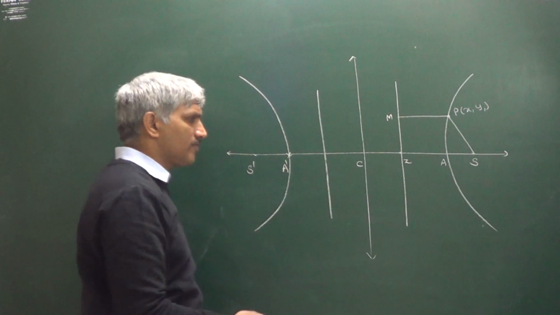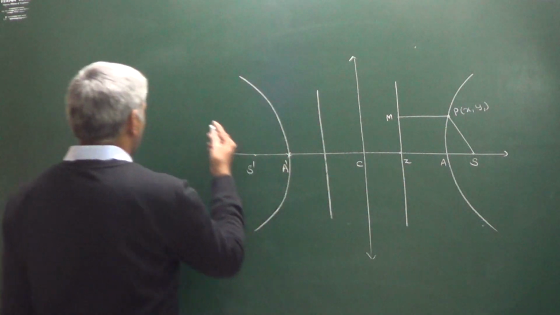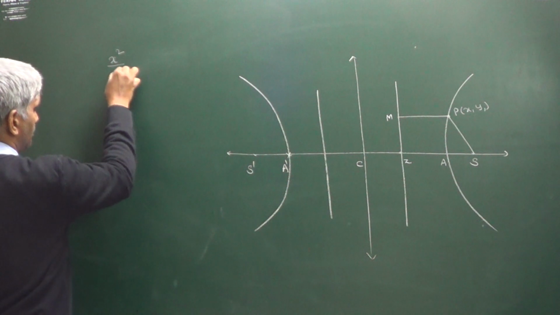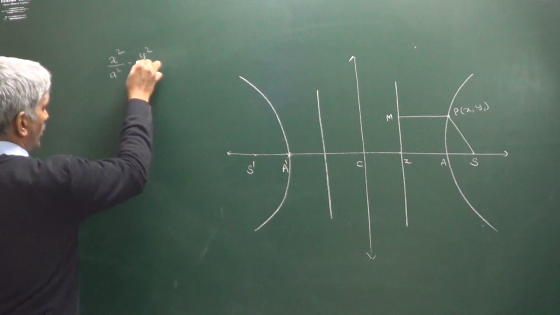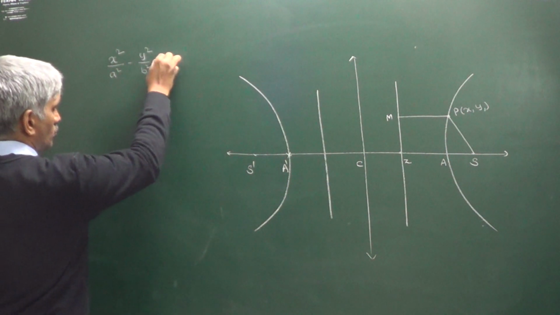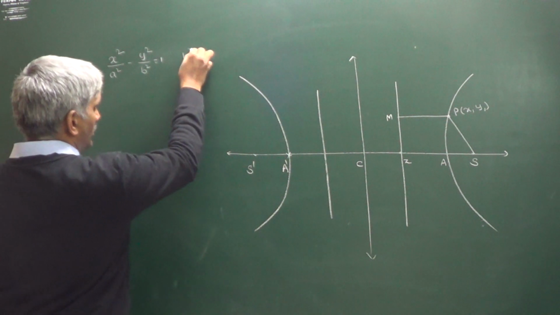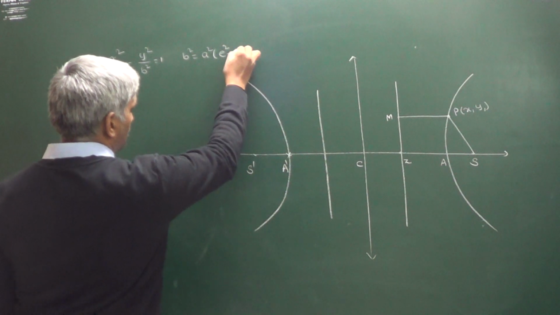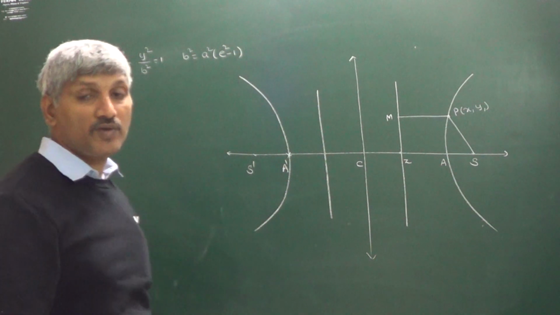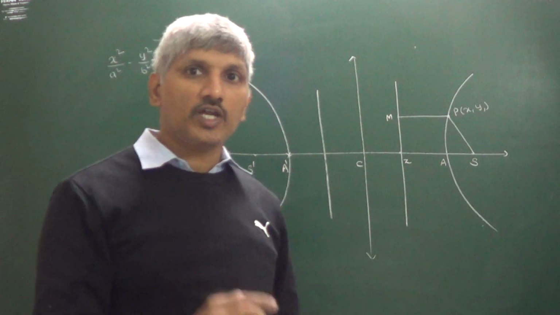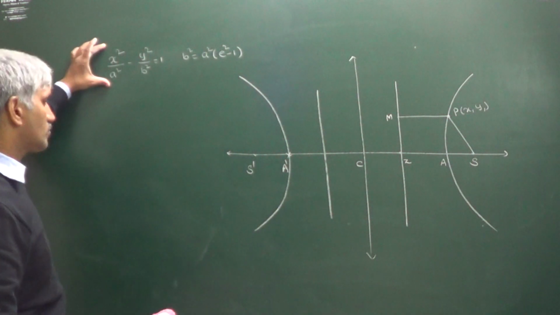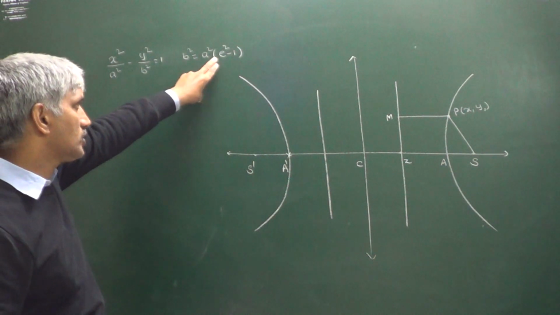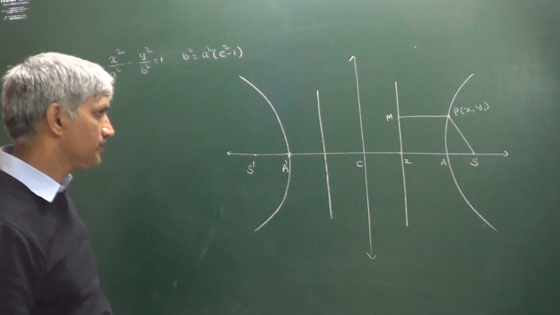With the help of the same procedure, we can derive the equation of hyperbola as x square by a square minus y square by b square is equal to 1 under the condition b square is equal to a square into e square minus 1, because in case of hyperbola, e value is more than 1.